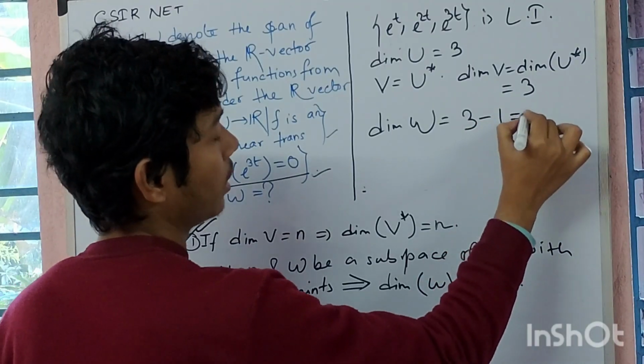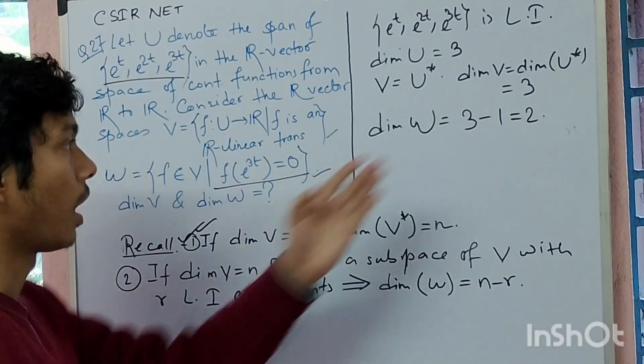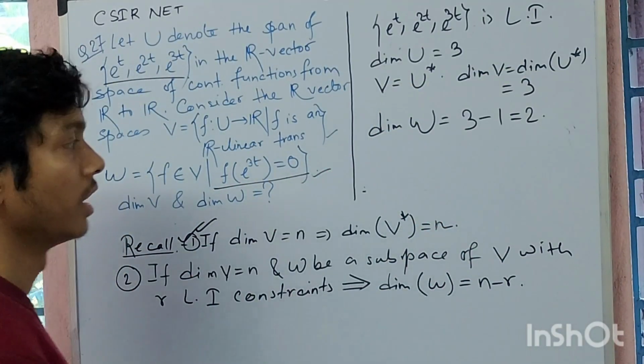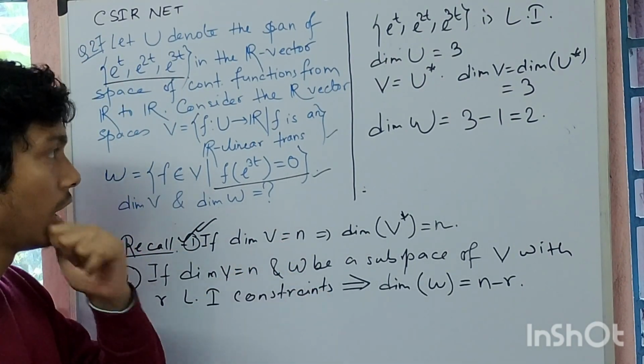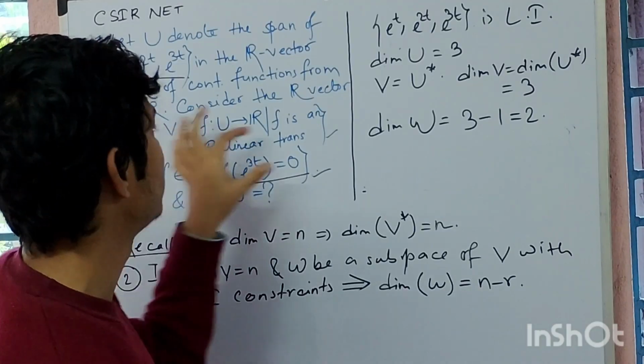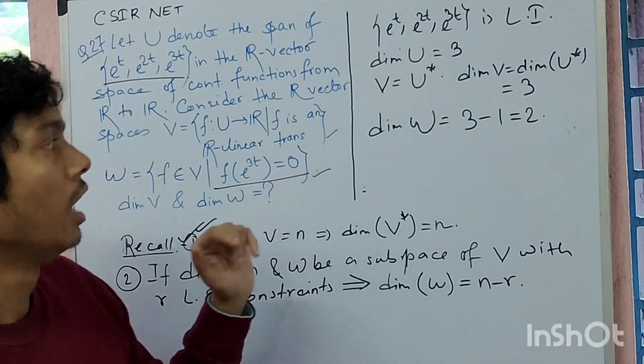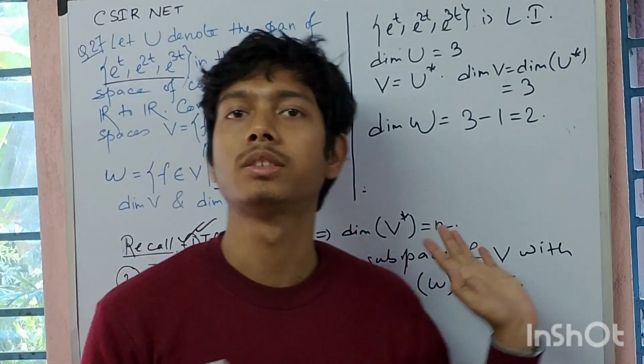So 3 minus 1 is 2. My dimension of W is 2 and the dimension of V is 3. So it's all done. Using these two properties, you have to identify that this is a dual, and just using these two things, I can easily solve this problem.